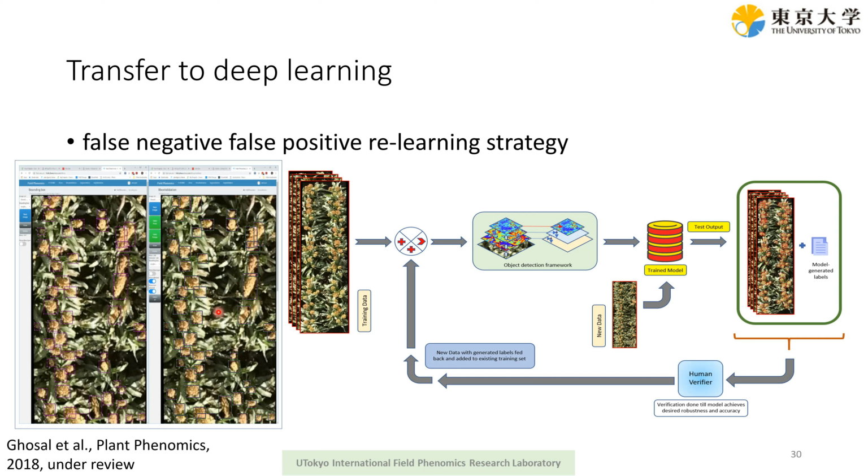So it's inspired by the concept of active learning. It's still not fully automatic, but even though it's semi-automatic, we confirm that it actually saves 5 times the time compared with the traditional labeling work on this data set.